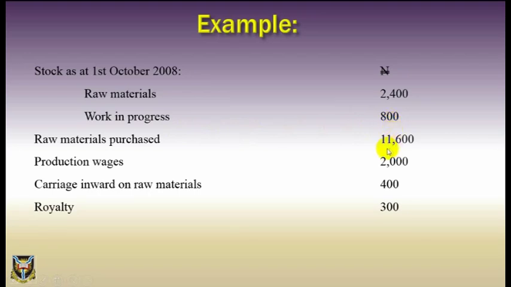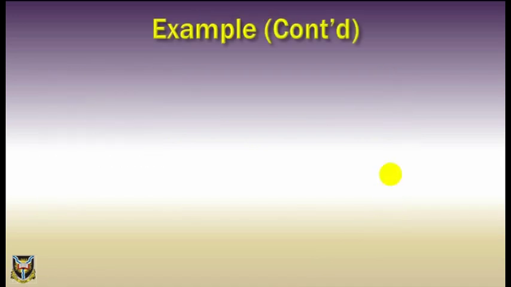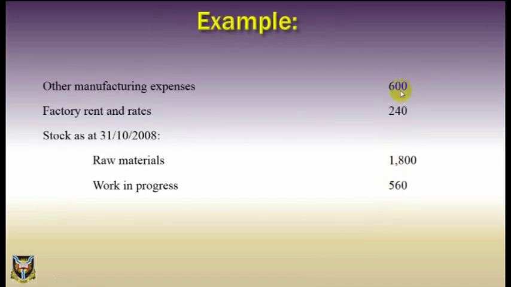Raw materials purchased 11,600. Production wages 2,000. Carriage inward on raw materials 400. Royalty 300. Other manufacturing expenses 600.